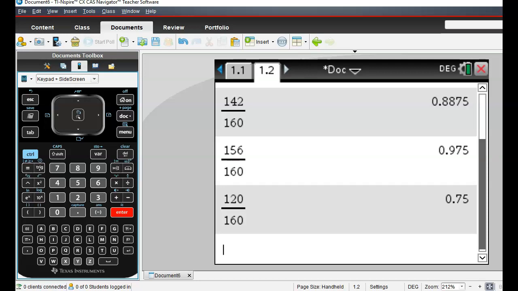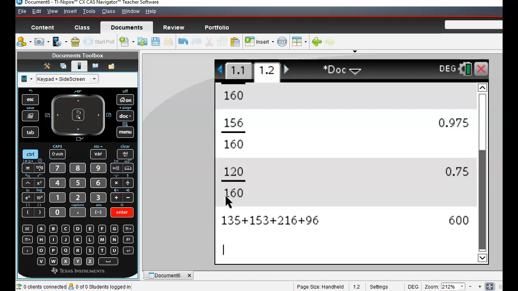Okay, now for 2016, we've got 135 plus 153 plus 216 plus 96 equals, divided by 4.